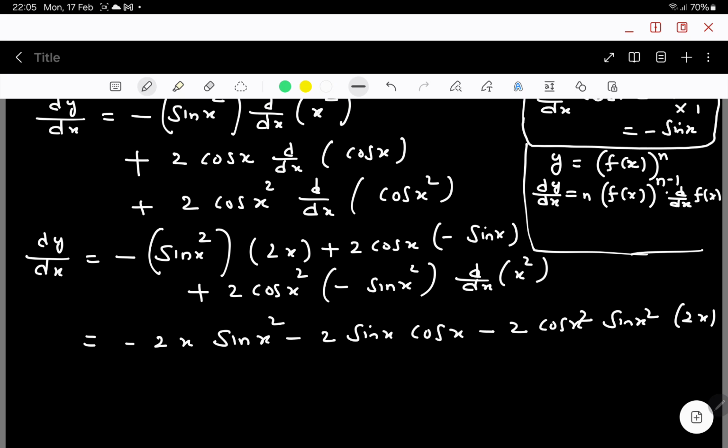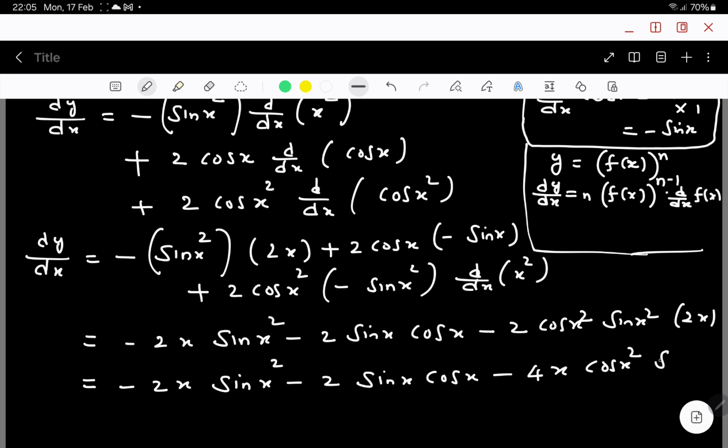So we get minus 2x sin x square, minus 2 sin x cos x, minus 4x, 2x into 2, 4x cos x square sin x square.